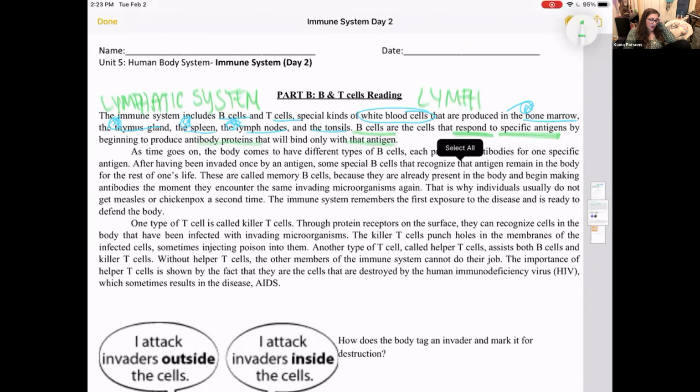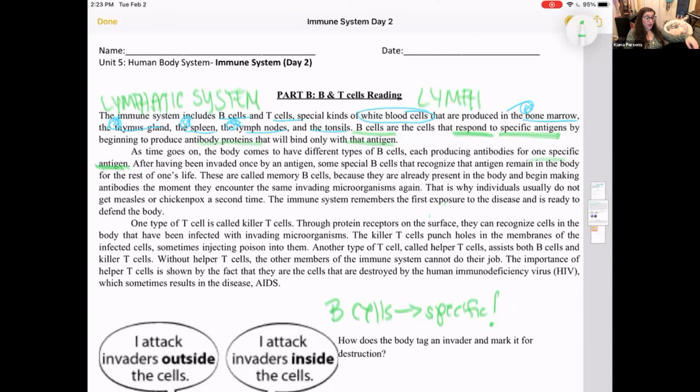So the B cells are specific. As time goes on, the body comes to have different types of B cells because they're so specific, each producing antibodies for one specific antigen.